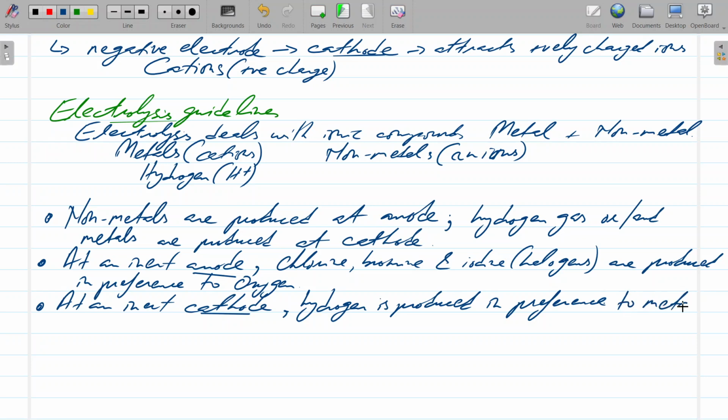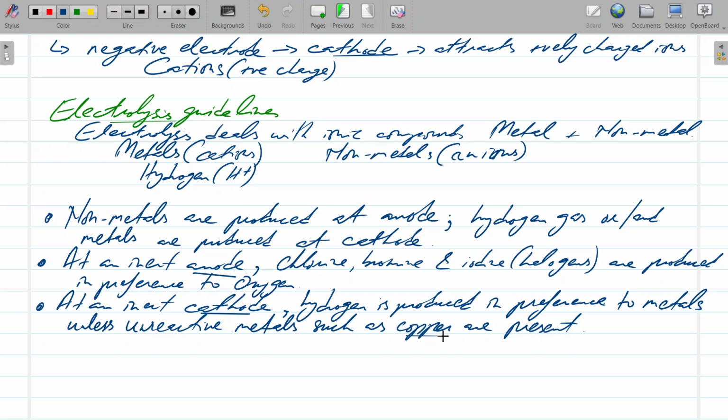So if both cations are present, both hydrogen and a metal cation, hydrogen will be preferred, unless the metal is unreactive. Unreactive metals such as copper are present.